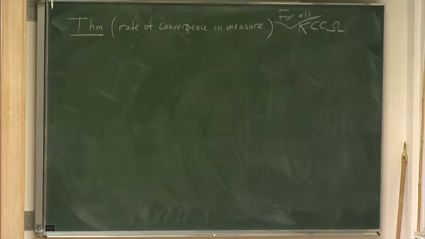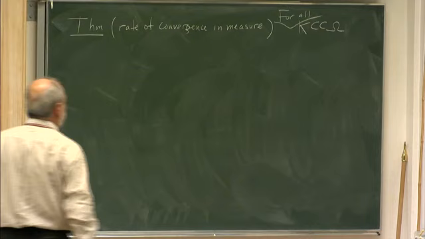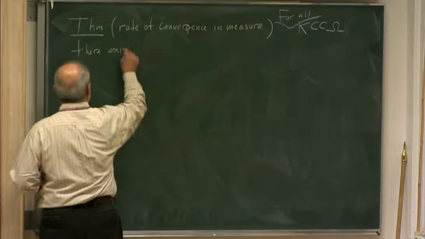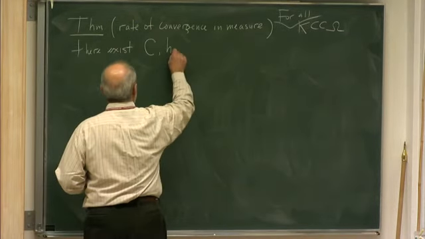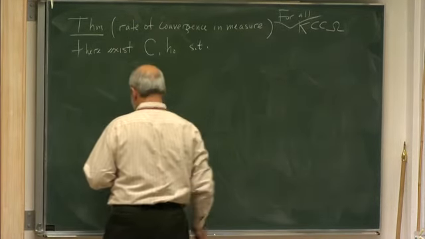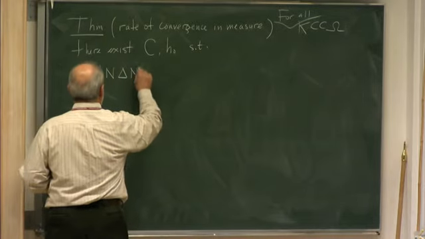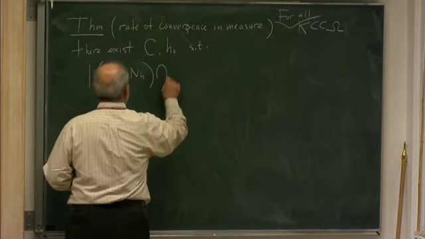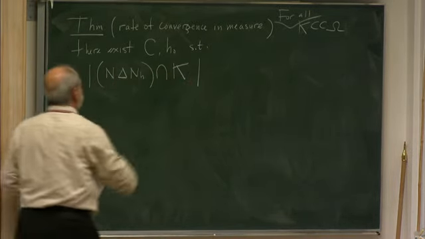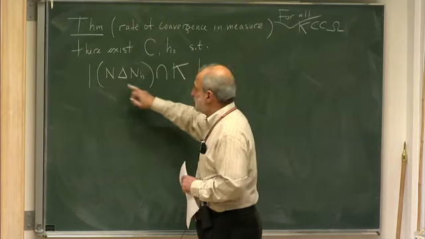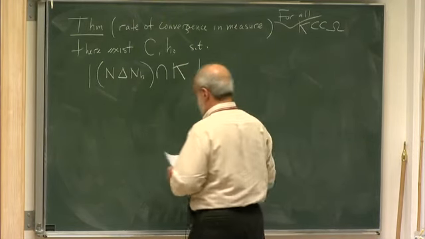There are two constants, C and h naught, such that the following happens. We look at the symmetric difference between the non-contact sets, the continuous non-contact set and the discrete non-contact set.